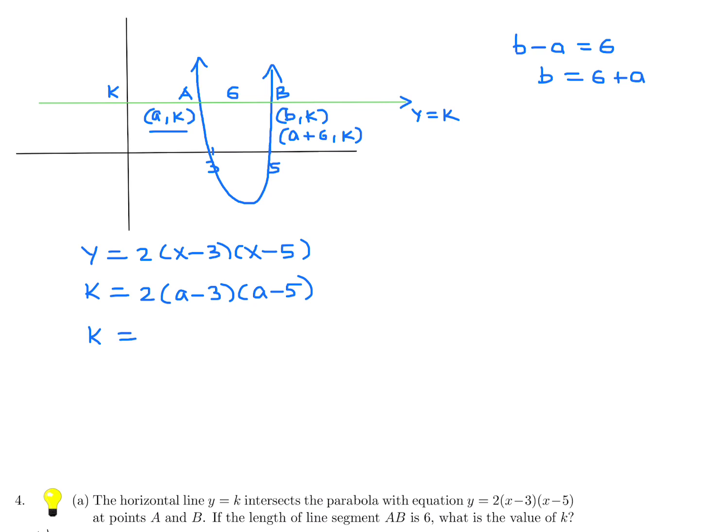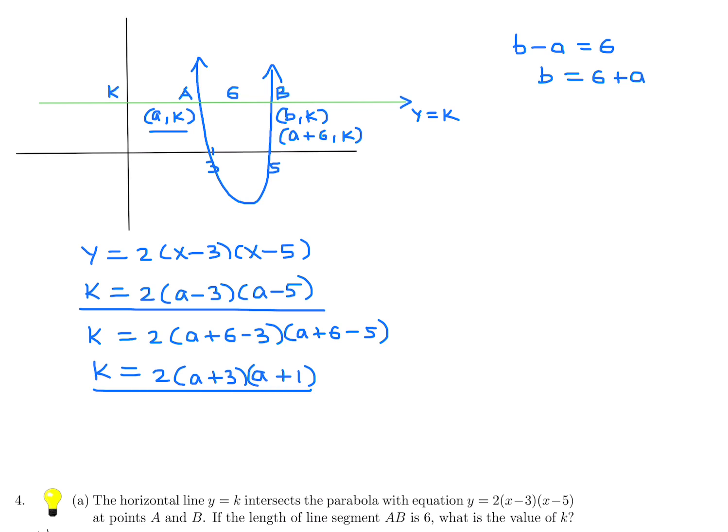So that means k is equal to 2 times (a plus 6 minus 3) times (a plus 6 minus 5). So if I simplify this a little bit, it'll be 2 times (a plus 3) times (a plus 1). Okay, well k equals that, so let's set them equal to each other. So that means 2 times (a minus 3) times (a minus 5) is equal to 2 times (a plus 3) times (a plus 1), right?